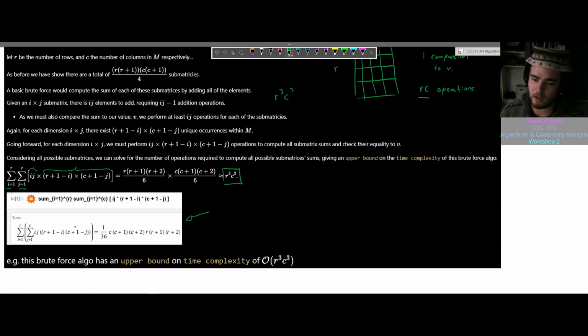So what this is saying is the brute force algorithm has an upper bound on time complexity of big O r cubed c cubed. And this is for the worst case, right? Worst case where you need to check every possible submatrix.